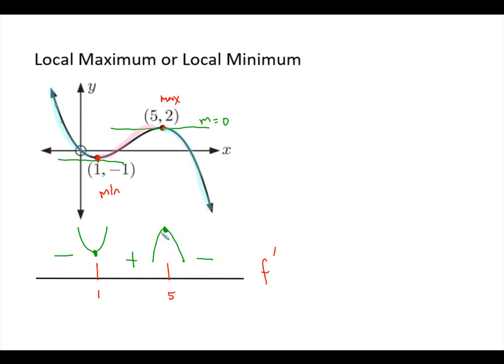So on the sign diagram, if the sign changes from negative to positive, the point is a minimum. If it changes from positive to negative, the point is a maximum. That's how you determine if a point is a local maximum or a local minimum.